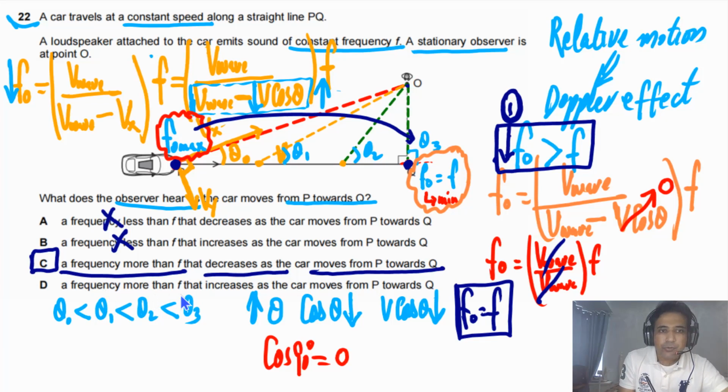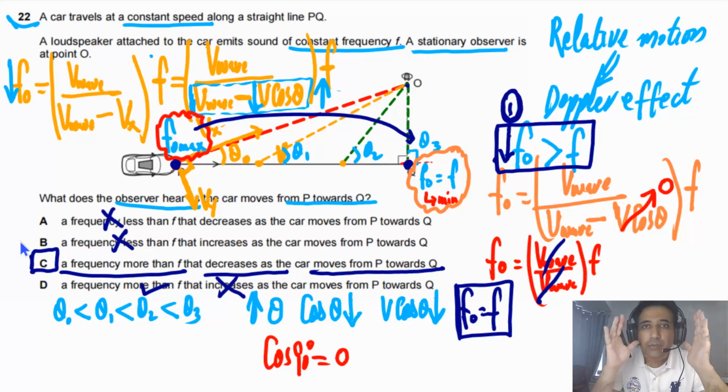A frequency more than f, yes, this is right. That increases? No, that decreases. So the answer is C. We have discussed a lot of points about the Doppler effect. If you understand this question, it means you can answer any question about the Doppler effect.